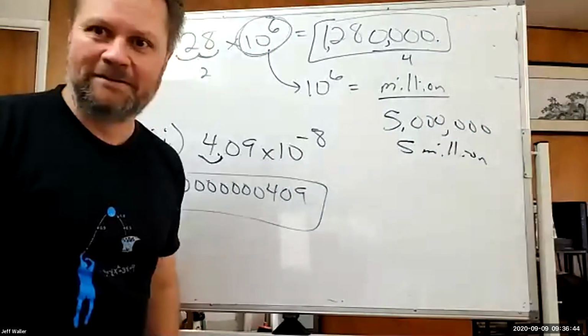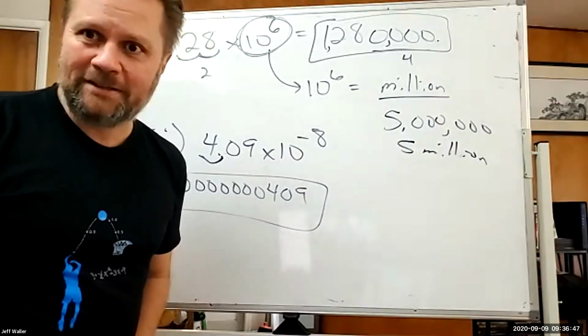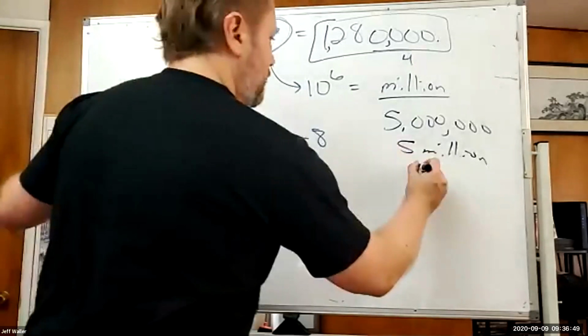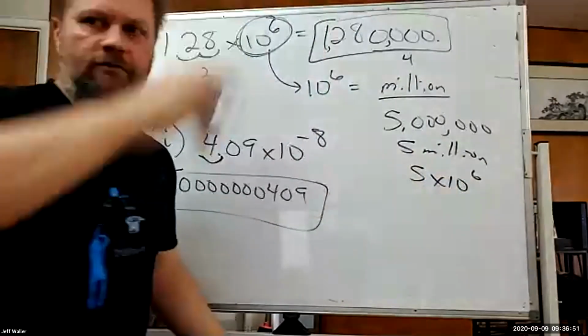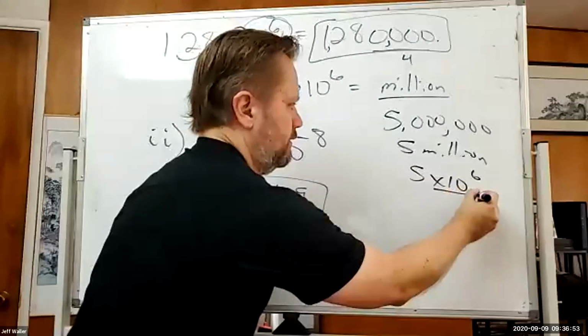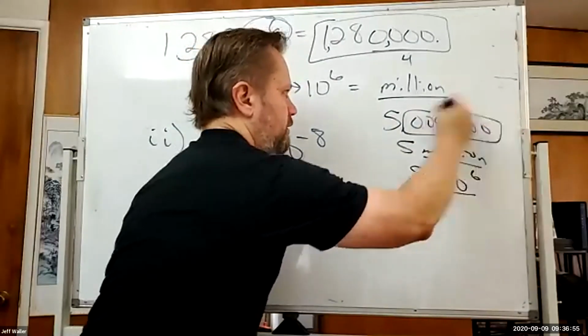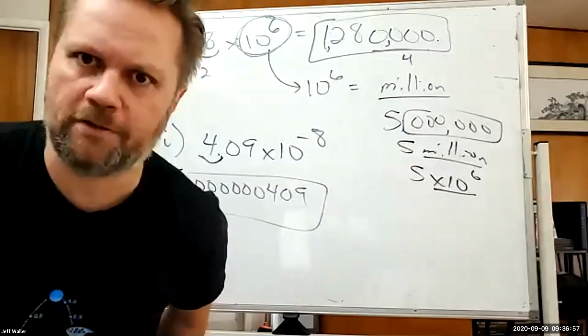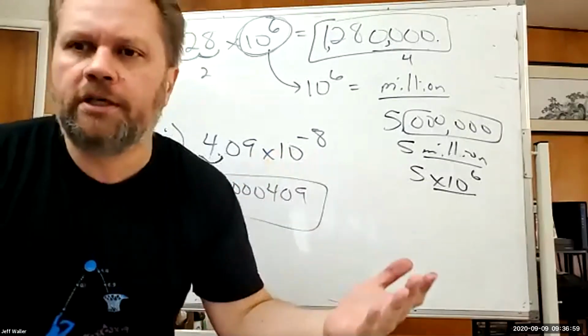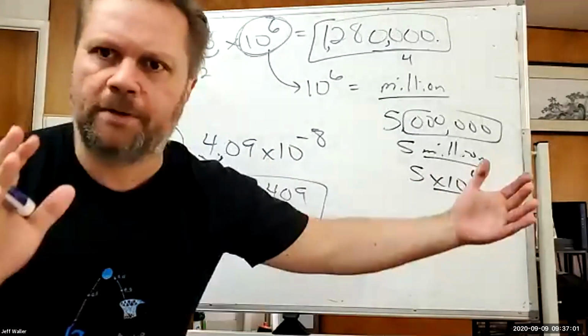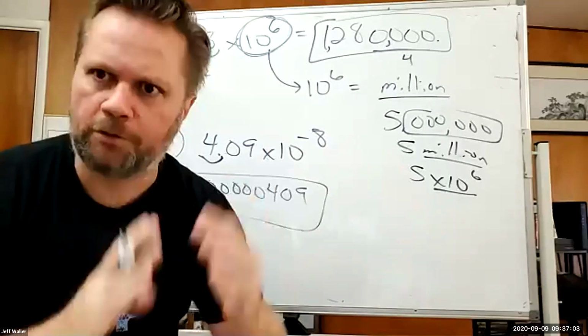They both mean 5 million, and mathematically, this also means 5 million. They both take the place of all those zeros. And of course, trillion makes even more sense because that's a bunch of zeros. I could just replace it with a little word.